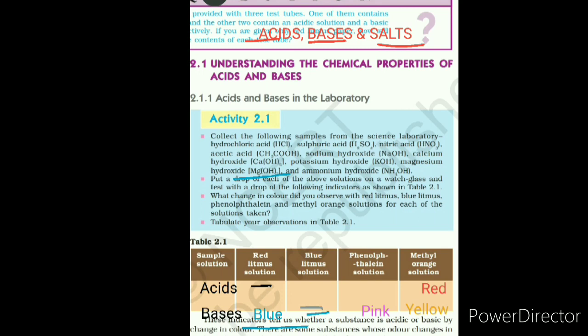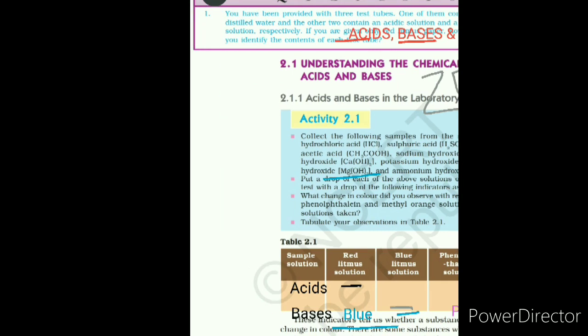Similarly, when we check with another indicator, phenolphthalein, by taking a test tube or a conical flask, in these two conical flasks we are taking acids and bases.